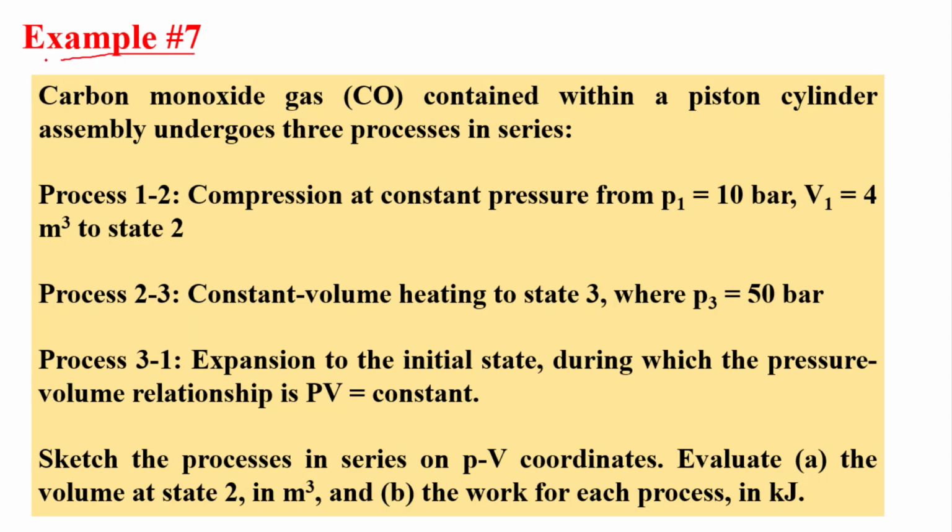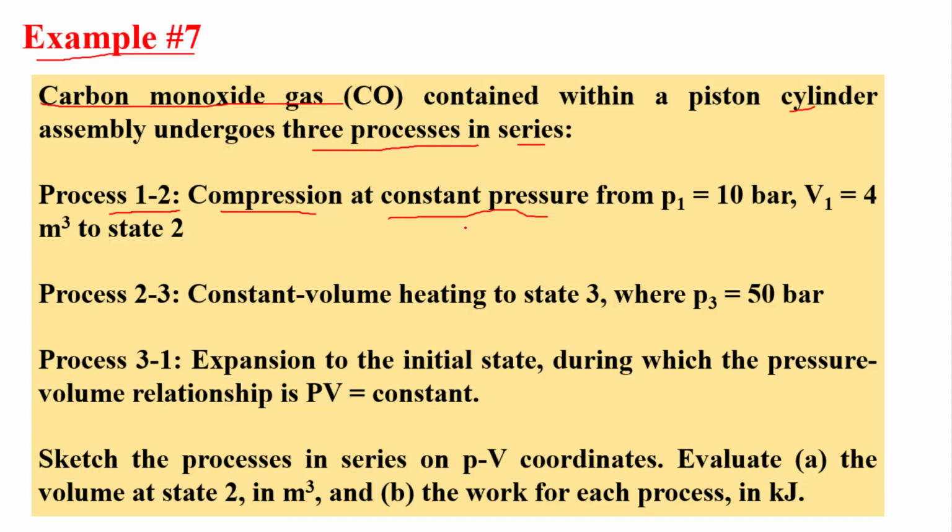Example number 7. Again, we have carbon monoxide gas contained within a piston cylinder assembly that undergoes a three-process series. Process 1 to 2, we have compression. Compression means we'll have minus W, at a constant pressure.